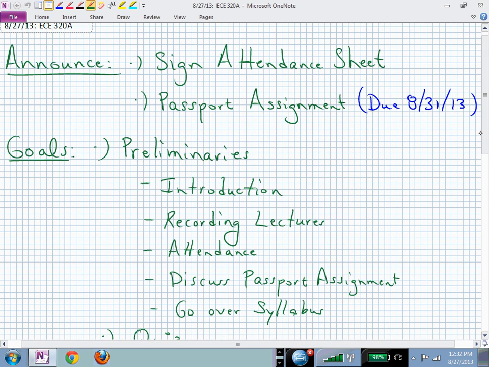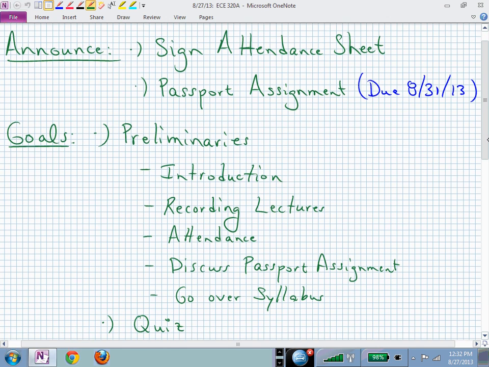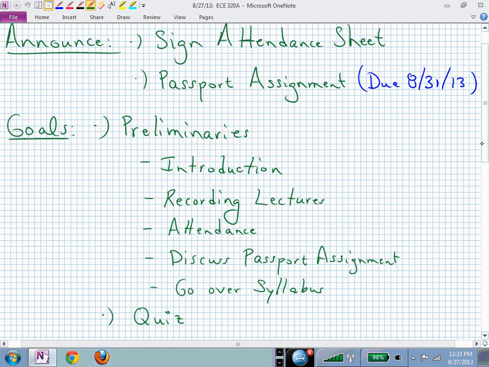We'll try to start most classes with the announcements. I'll post those up, and then some goals that we're trying to accomplish during the particular lecture. There's the sign-up sheet, and then you have a passport assignment that's due on Saturday.